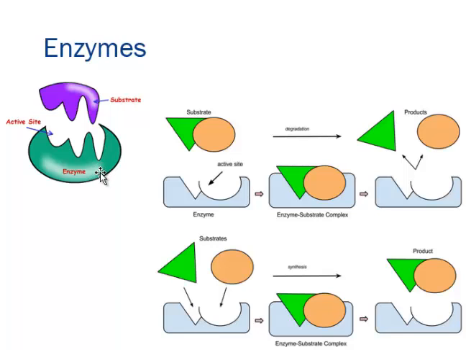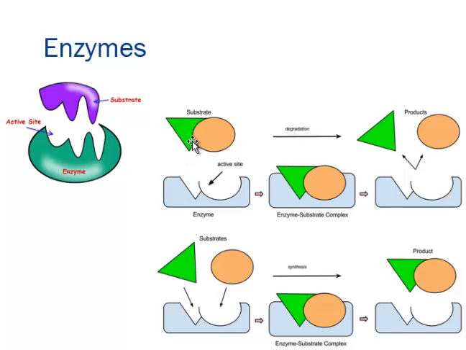They call that the lock and key model because it's like a key fitting into a lock. You have the substrate, the purple thing, that fits perfectly into the enzyme. The enzyme is specifically designed to have the correct shape to react with this particular substrate. This is an example of a full reaction where the enzyme needs to break apart this substrate. The substrate is the triangle combined with the circle, and eventually you're going to want to break it apart.